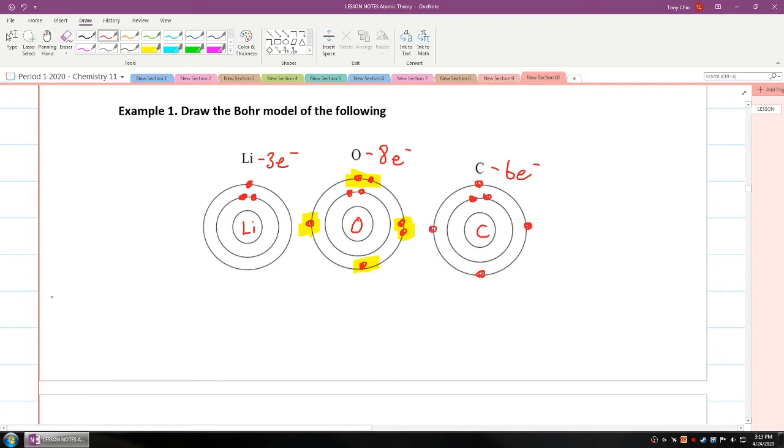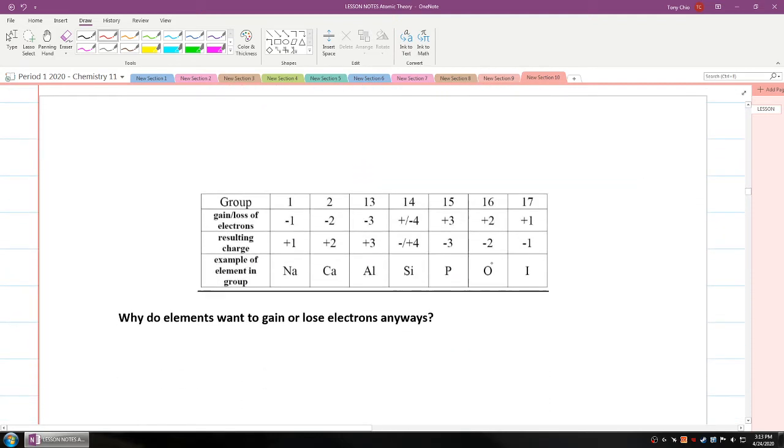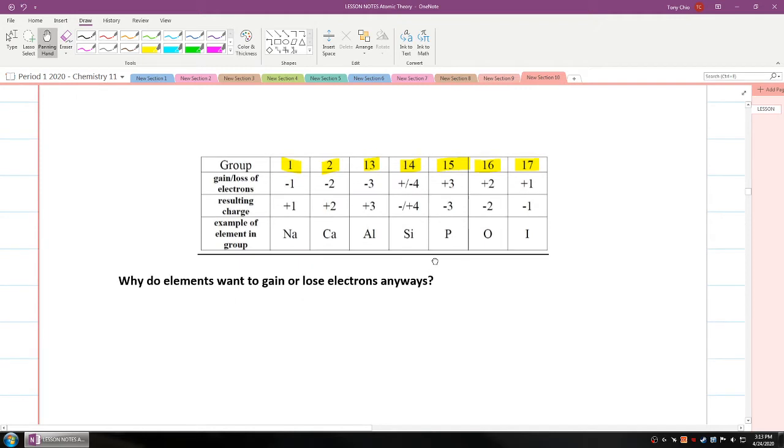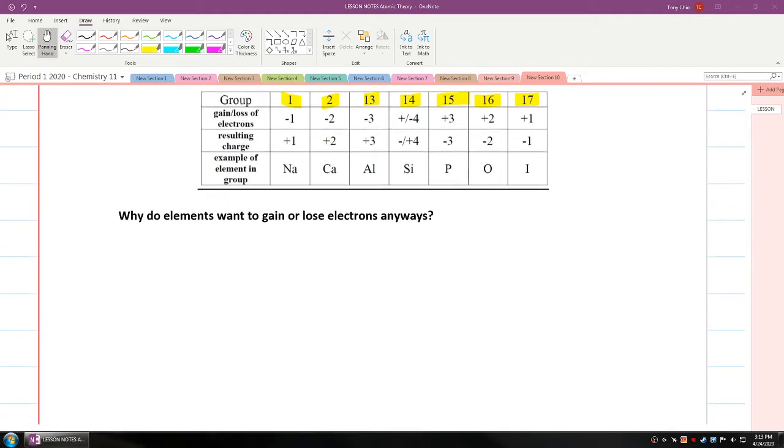Now if you need a little reminder, you would see that on this next page right here, this is a table showing you what will happen based on the group number. The different groups of the periodic table will do the following. So why do elements want to gain or lose electrons anyways?